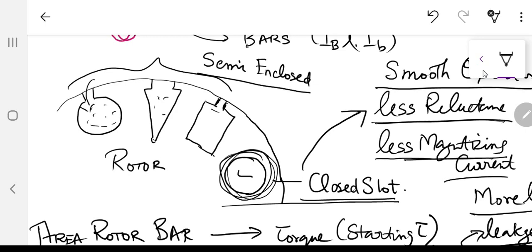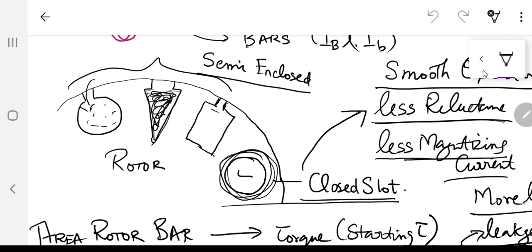Now there is one more type of slot, as you can see, I have drawn this bar slot. This is actually a deep bar slot, and I hope you have an idea about deep bar slots from your machines course, that in this deep bar slot the advantage is taken from both of these. If you see, it is covered with all the aluminium inside.